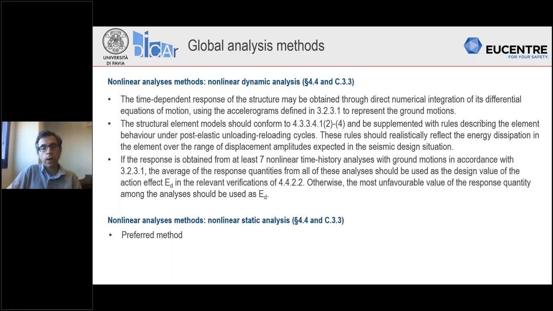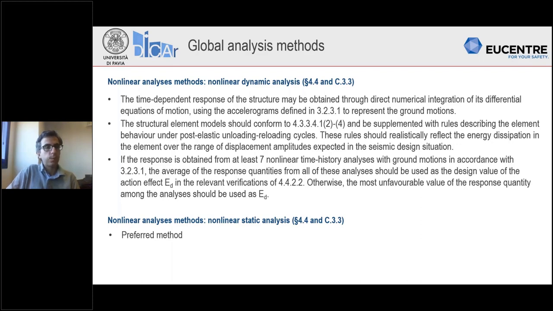Of course, you are required to use models that are able to capture the cyclic behavior of masonry elements, also in the post-elastic phase. And they should also be able to capture the energy dissipation.